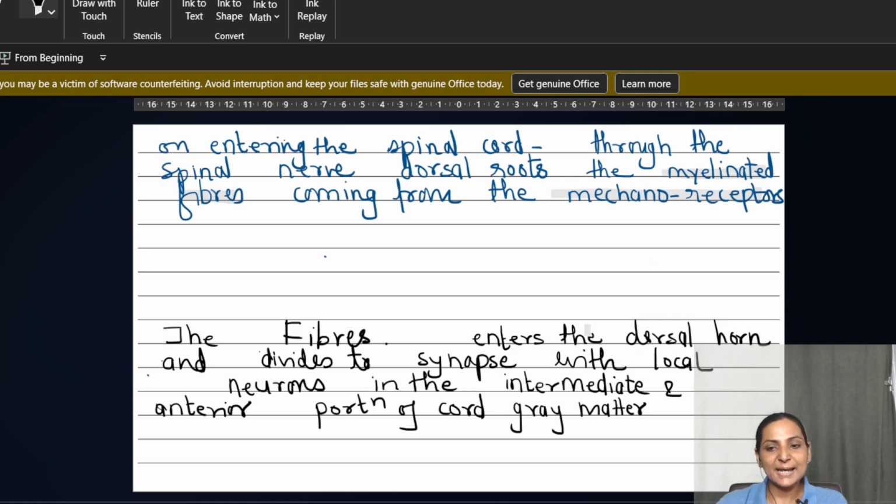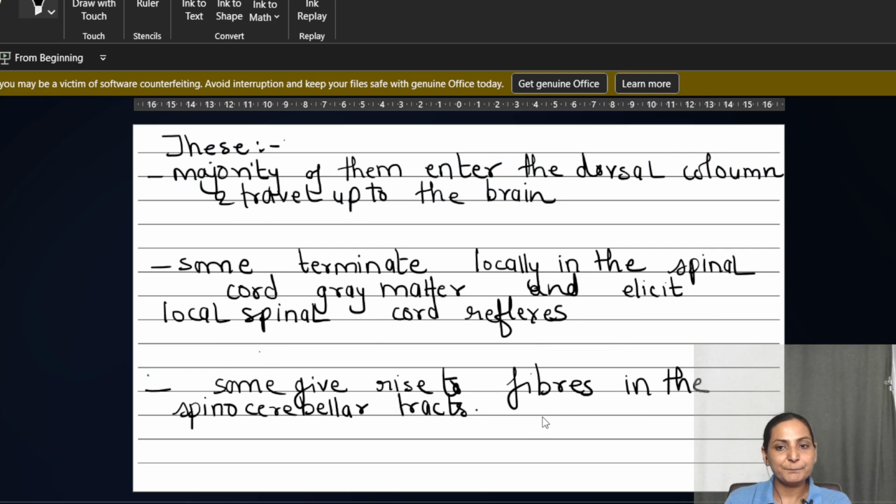These fibers enter the dorsal column, as I told you. They divide to synapse with many local neurons in the intermediate and in the anterior portion of the grey matter. They will form synapses with the small neurons over there. Majority of them are going to ascend up in the dorsal column. They are going to form the tract, that is the fasciculus gracilis and cuneatus.